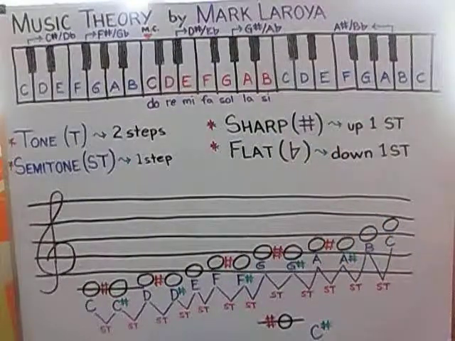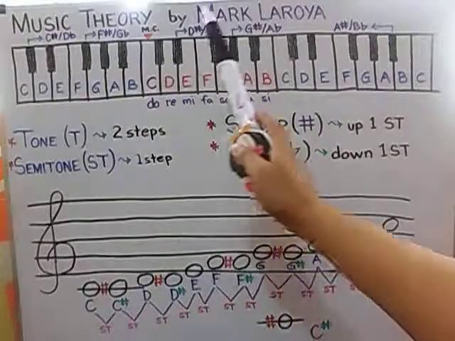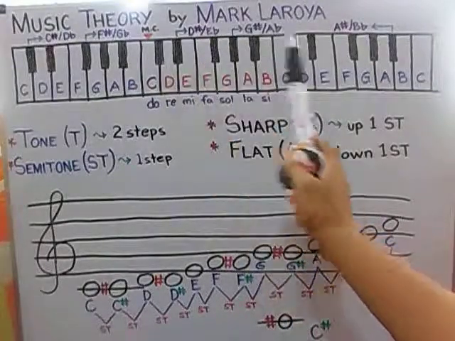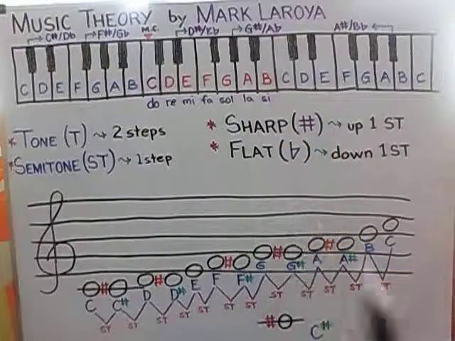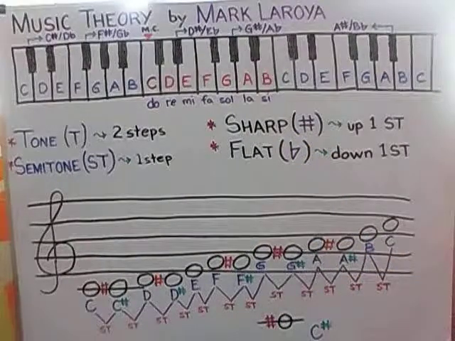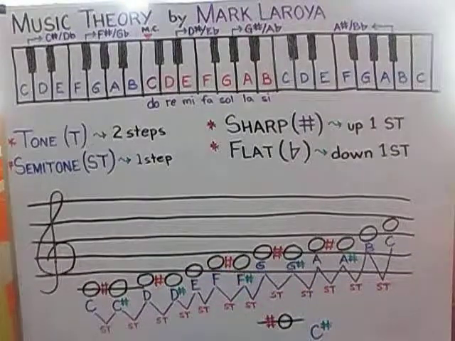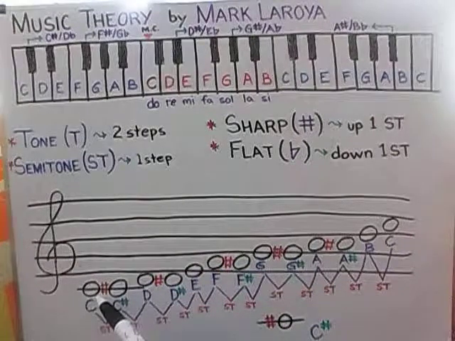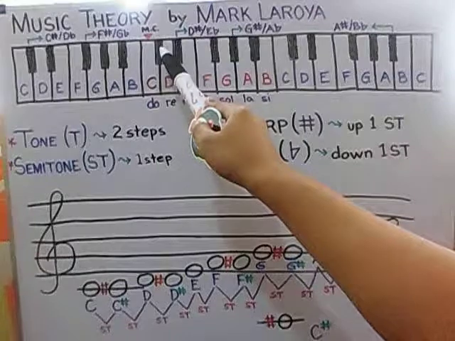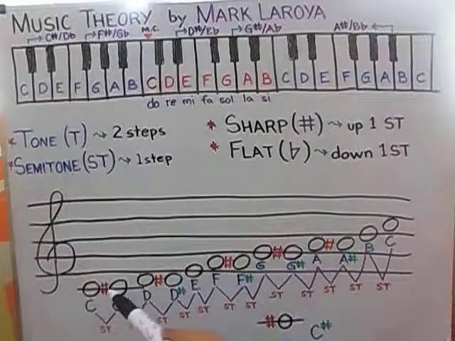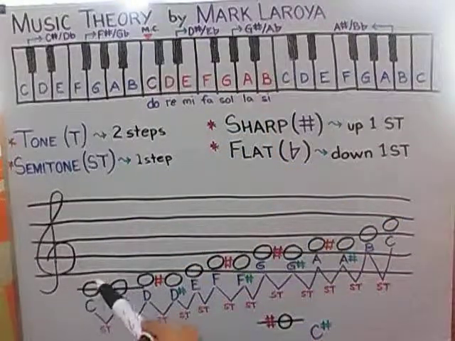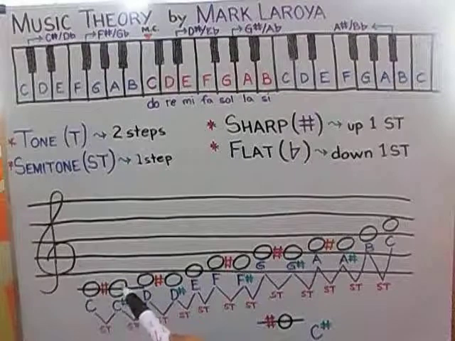Therefore, there are only 5 sharpened notes and 5 flattened notes. And we will examine that here using our staff. So C, since we have C sharp, here we put a sharp symbol before the note.